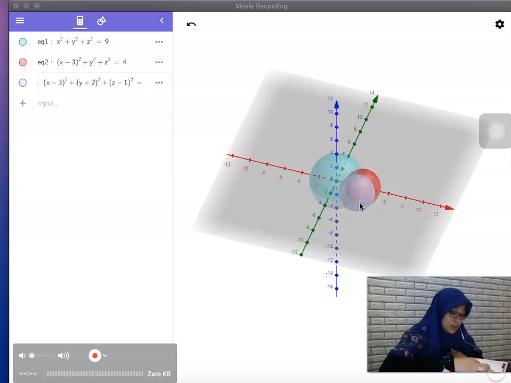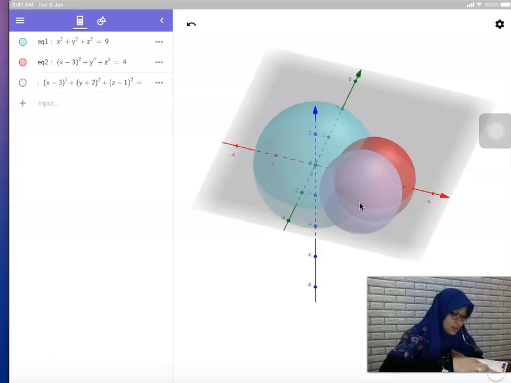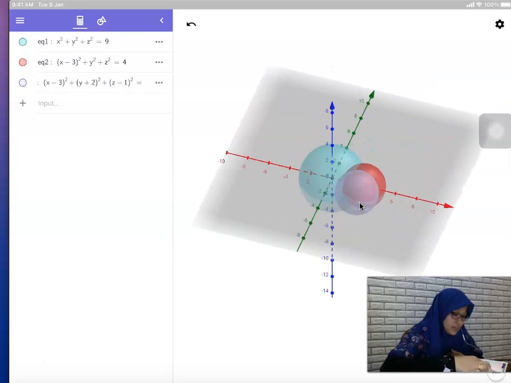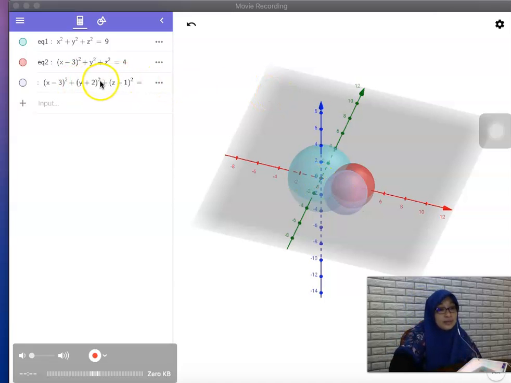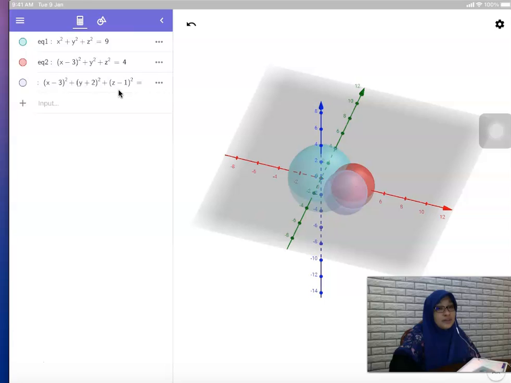So you just play around with the graph, change the function to understand what happens if you change some values of the circle or the center of the sphere. But for exam sake, you are not allowed to use this, as I'm sure you know.